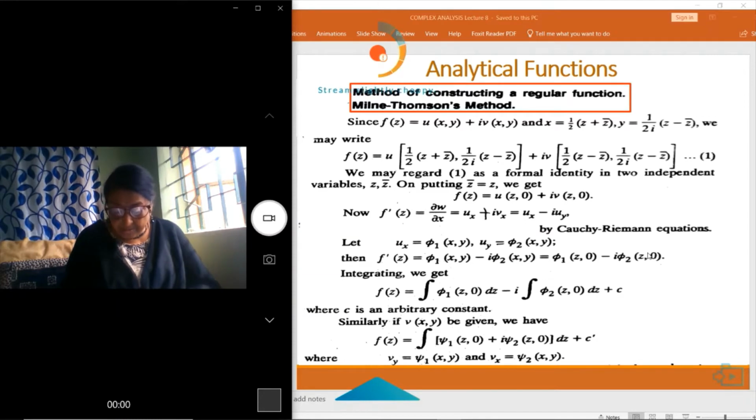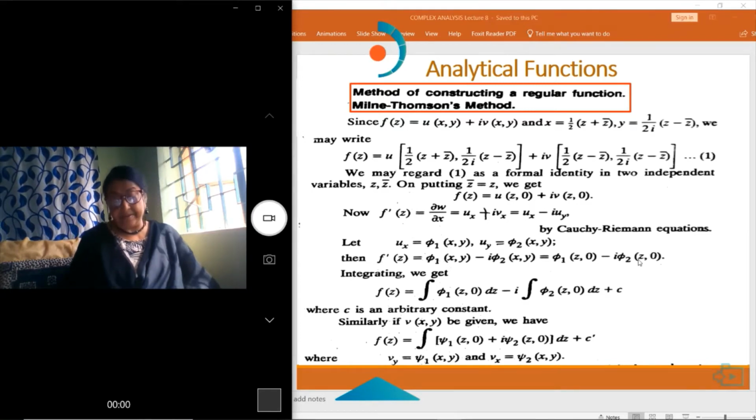And if v(x,y) is given, we have another form: f(z) = ∫[ψ1(z,0) + iψ2(z,0)]dz + c', where v_y = ψ1(x,y) and v_x = ψ2(x,y).